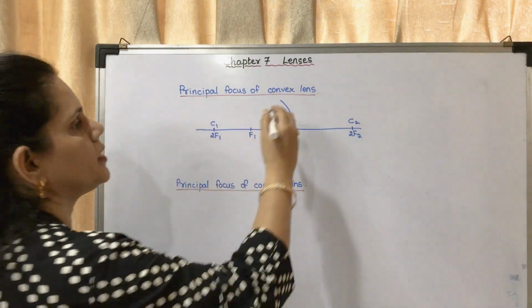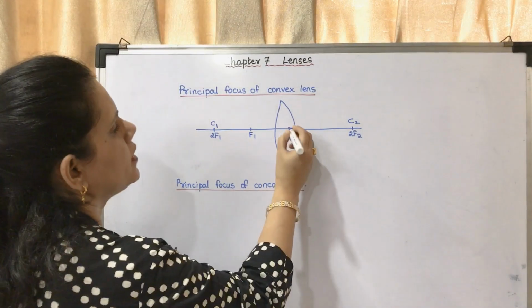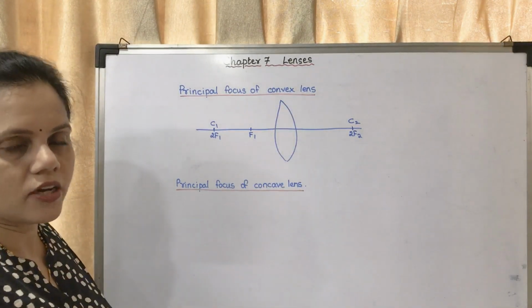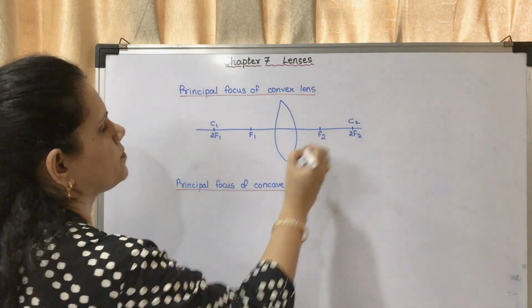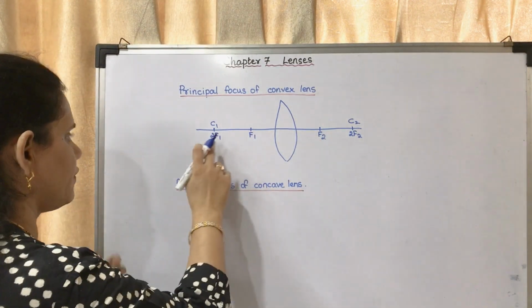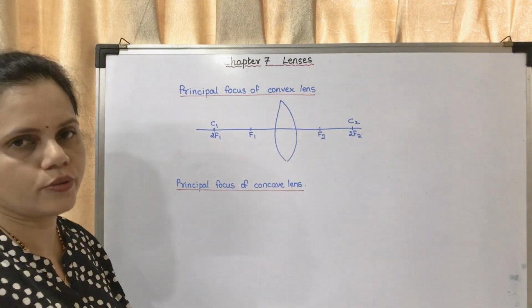With 6 centimeter you have to draw an arc on this side, that will be the other surface of the convex lens. So this will be F2 and this will be F1 to F1, and this will be F2 to F2.